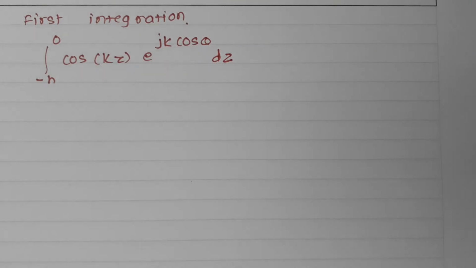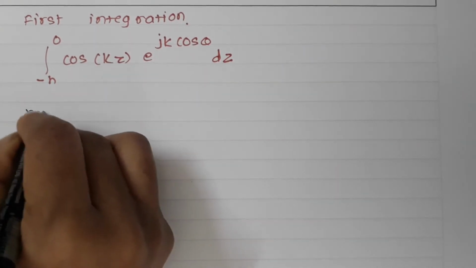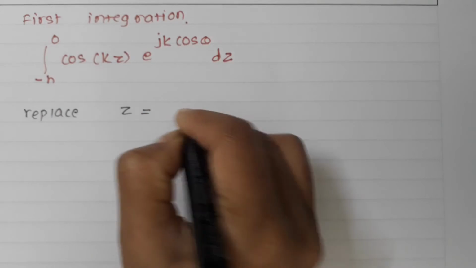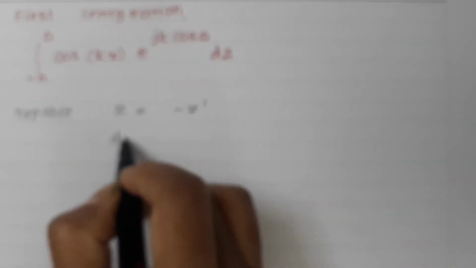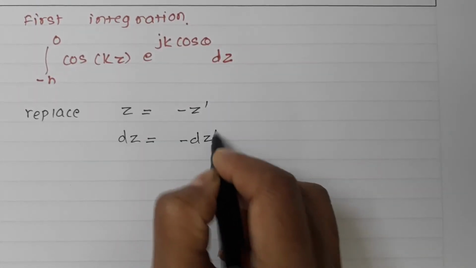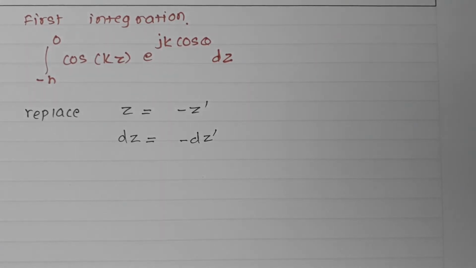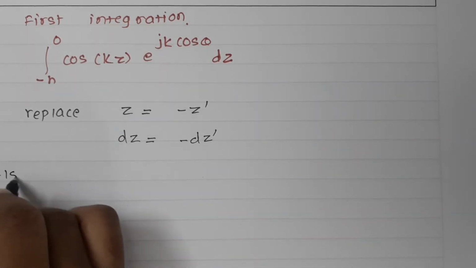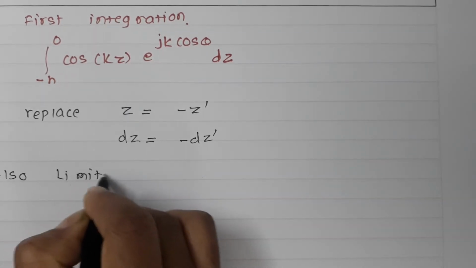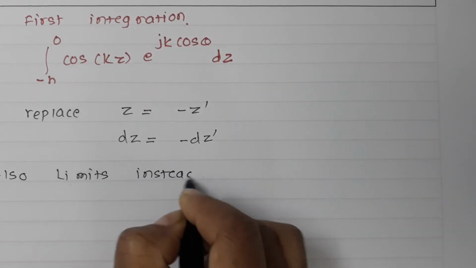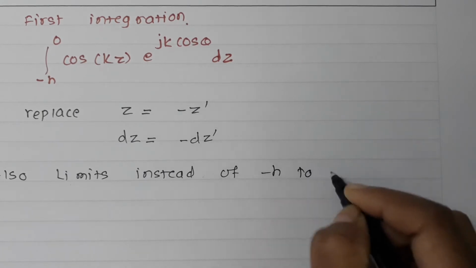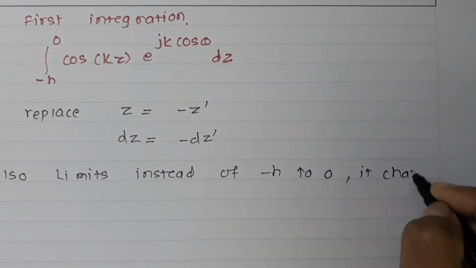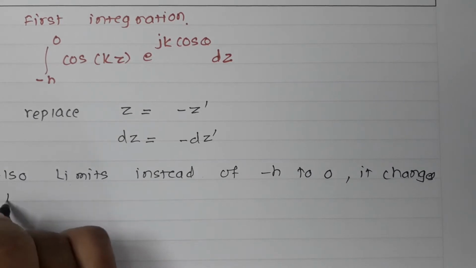Now replacing z by the dummy variable minus z dash. So I am going to replace z equal to minus z dash, dz will become minus dz dash. Also the limits, instead of minus h to 0, change to h to 0.